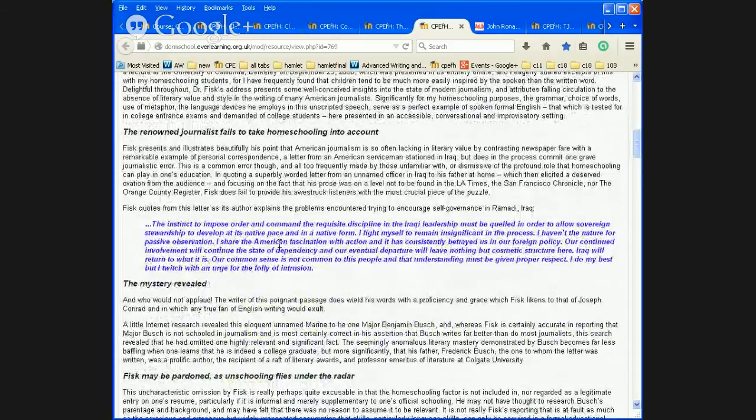This poor soldier, it's not, I gather, what you're supposed to call a Marine, but he's writing home. He says, the instinct to impose order and command the requisite discipline in the Iraqi leadership must be quelled in order to allow sovereign stewardship to develop in its native pace and in a native form. I fight myself to remain insignificant in the process. I haven't the nature for passive observation.